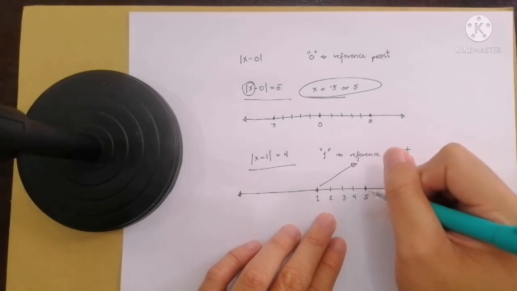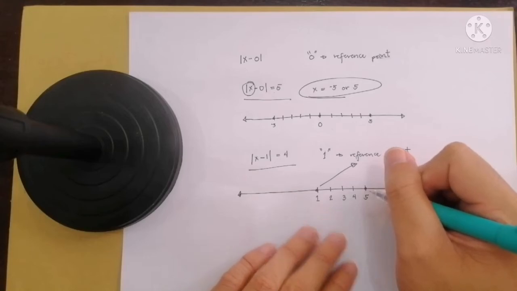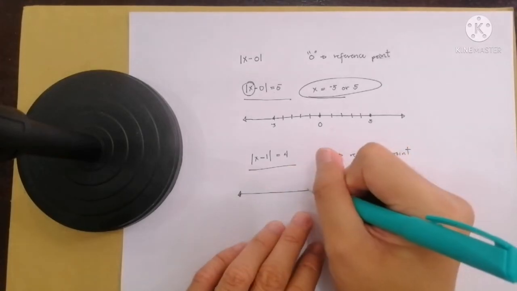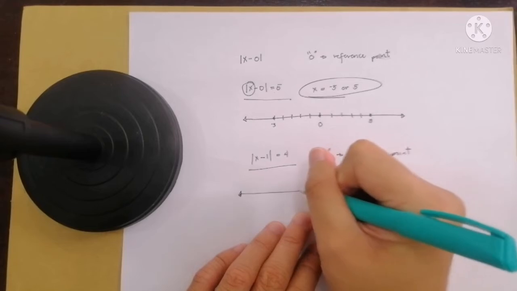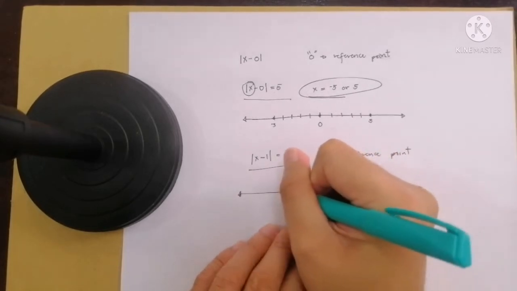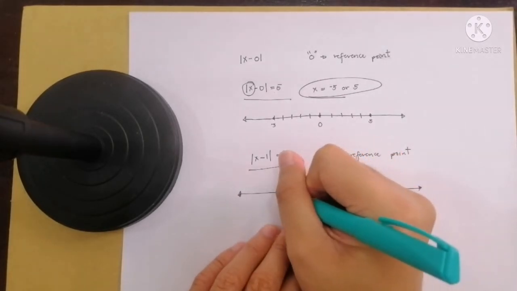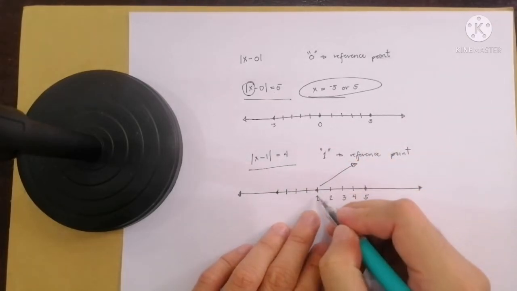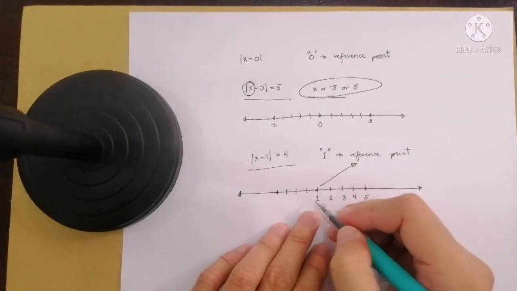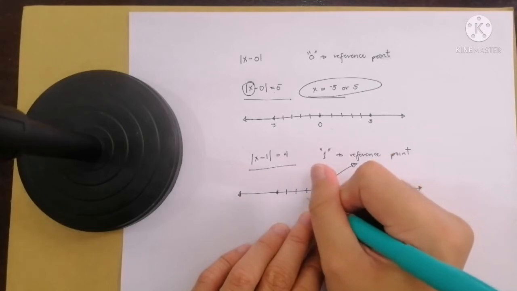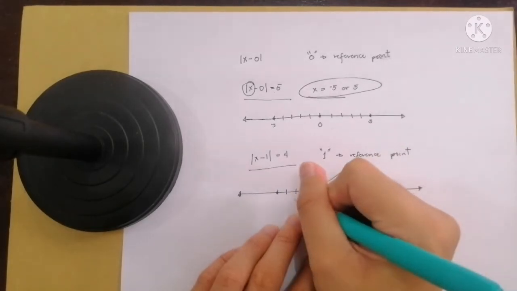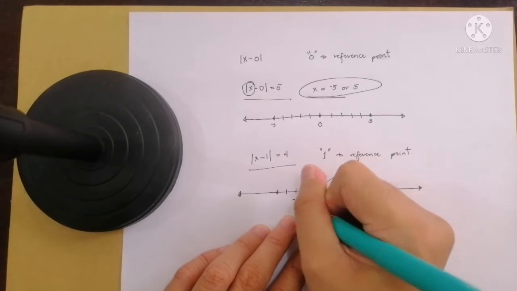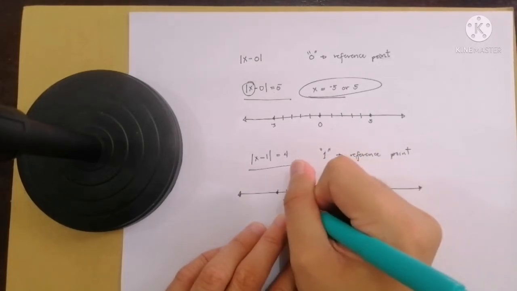Now, if we count naman 4 units to the left of 1, dito naman, we have 1, 2, 3, 4. Pero ano kayang particular na number na yan? Ano yung number to the left of 1 or positive 1? That is of course 0, and susunod sa 0 is negative 1. Susunod sa negative 1, negative 2.